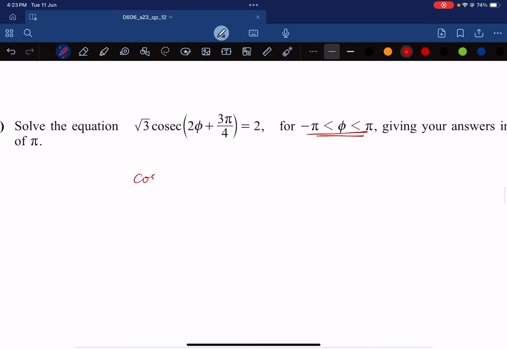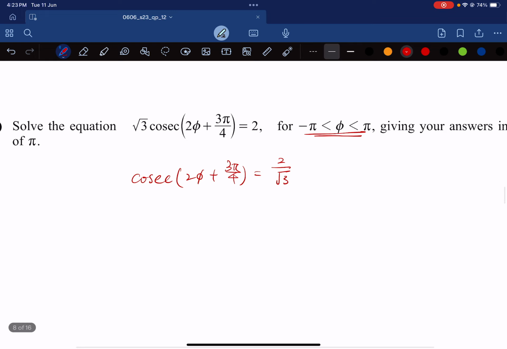Okay. So cosecant of 2 phi plus 3 pi over 4 equals to 2 over square root 3. Now cosecant, our calculator doesn't have the inverse function. We don't have cosecant on our calculator. So we change it, right? Reciprocal of cosecant is sine.